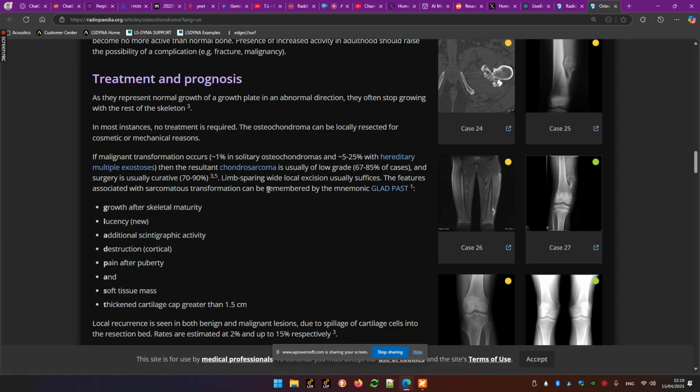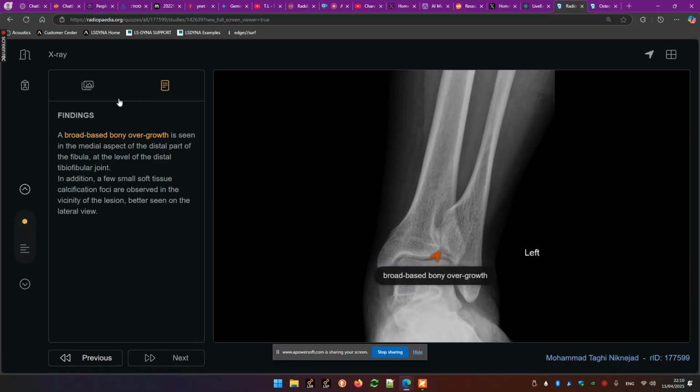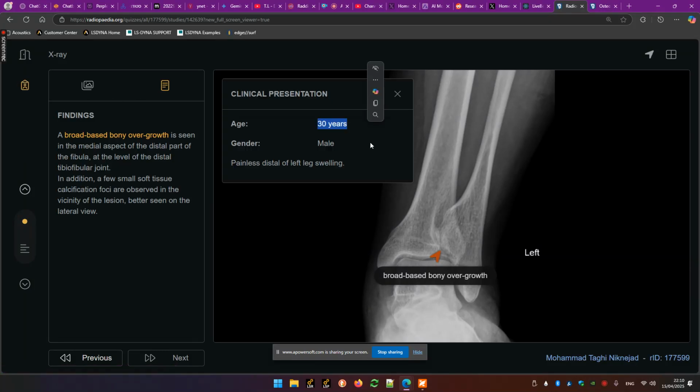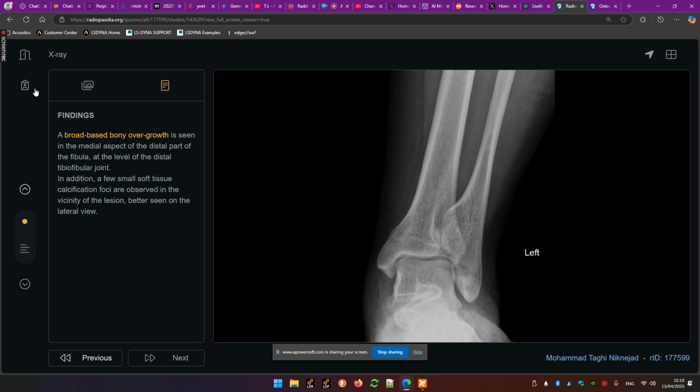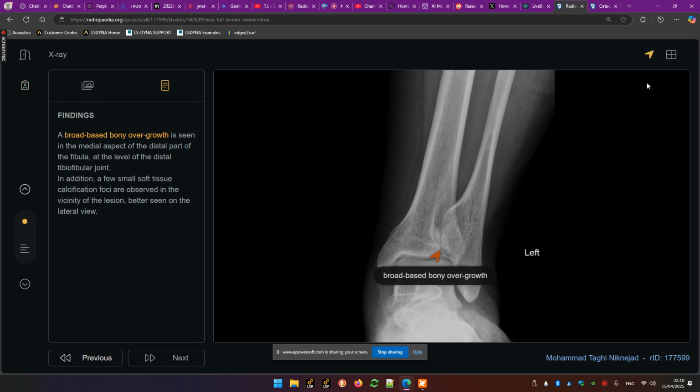So maybe there is transformation to chondrosarcoma, because I think they talked about a not too young patient, right? 30 years old with this at the level of the distal fibula. In addition, he came because he had painless distal left leg swelling. We don't really know if it's new or not, but this is the growth.